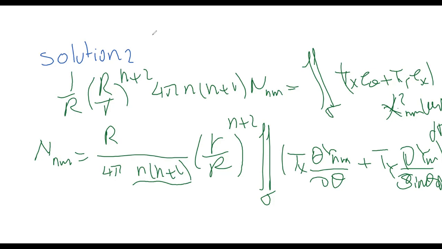This r over r with this power will amplify the high frequencies. When n increases, the frequencies are higher and this amplification will be higher. But the presence of n or n plus 1 in the denominator will reduce this amplification.